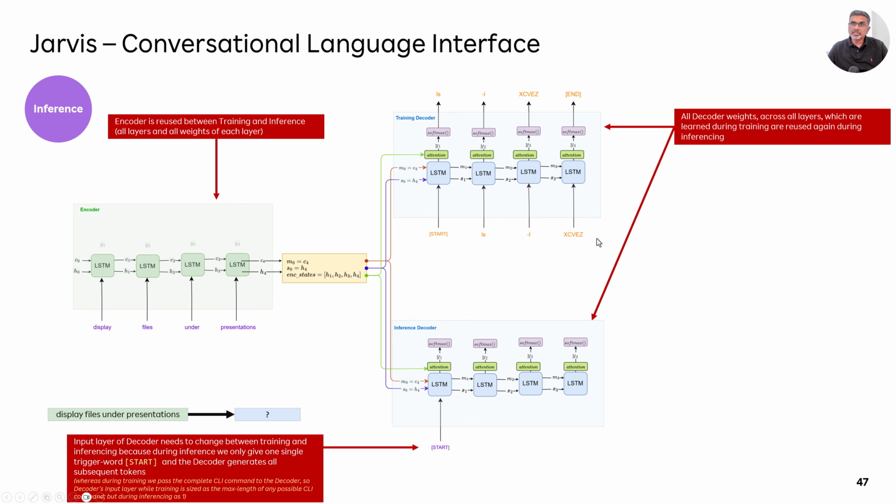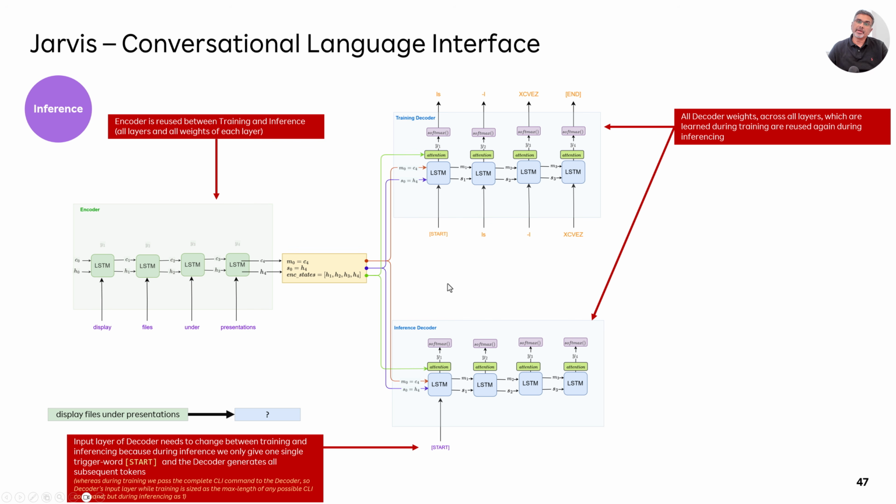During training, you essentially create an input layer to your decoder LSTM, which is equivalent to the maximum length of any given command that is there in your training. Correct? And during inference, you don't know how much you're going to be producing. So what you do is you essentially create an input layer that only has one token. With that one token, we just start with the start trigger token, and then the encoder's hidden states H1 through H4 and its last C state and H state.